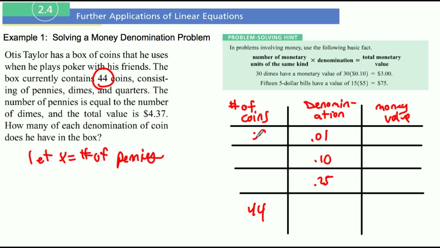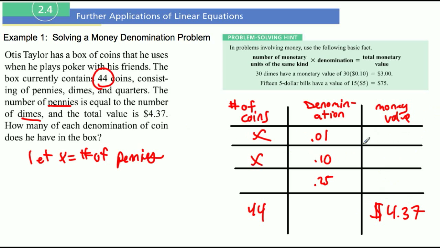If this is x, then the dimes must be x as well, because it says the number of pennies is equal to the number of dimes. And we know that when you add up all the money values, the total is $4.37.